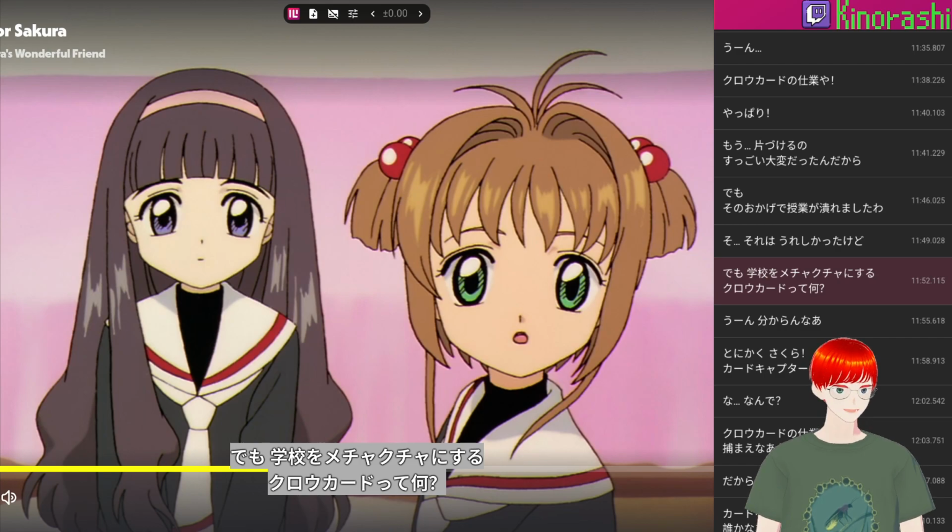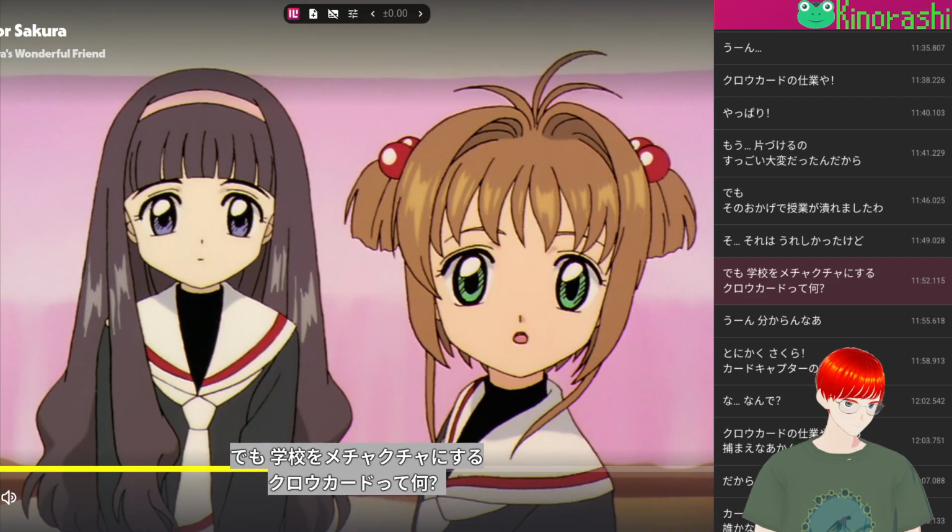Explain the grammar behind mechakucha. It is not a grammatical construct itself, but rather a standalone adverb or adjective derived from the Japanese language. Okay. Explain the origin is probably better to get an idea if it's made of components.